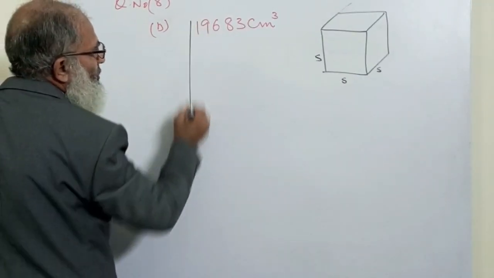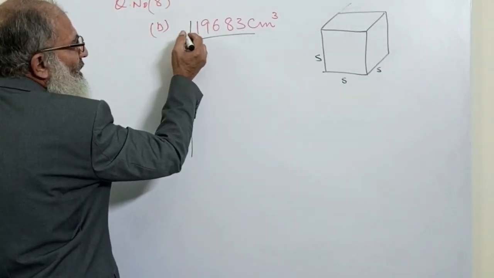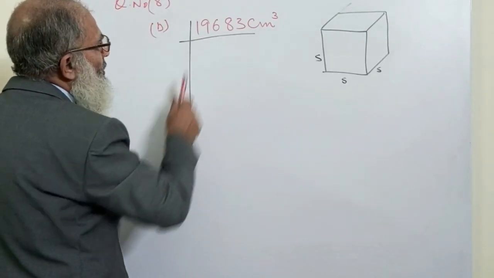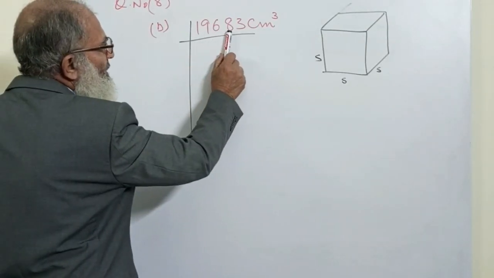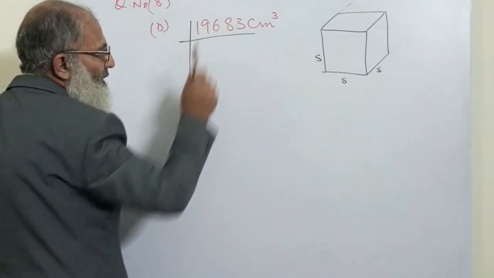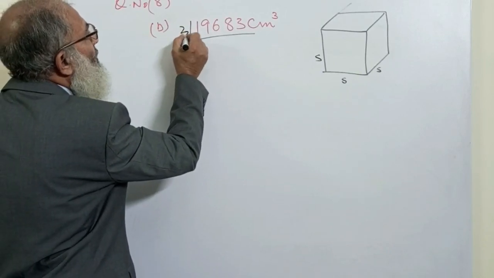You have to do it in this way, because the digit sum is divisible by 3, so it can be divided by 3.